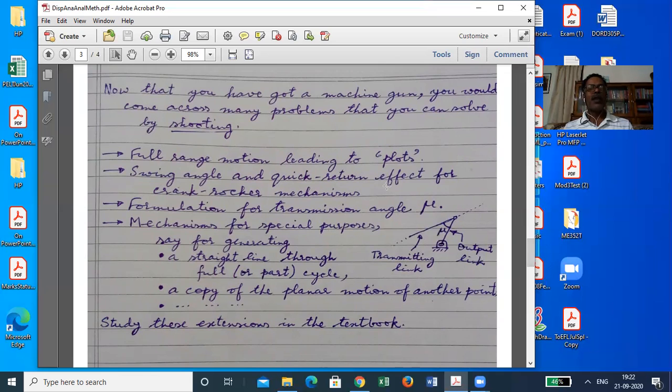So now that you have got a machine gun, you would come across many problems that you can solve by shooting. For example, you can say, I'm going to solve it with given theta 2, but then I will give theta 2 value once at 0 degree, then 1 degree, then 2 degree, then 3 degree, 4 degree, 5 degree, and so on till 360 degree, after which it would anyway repeat.